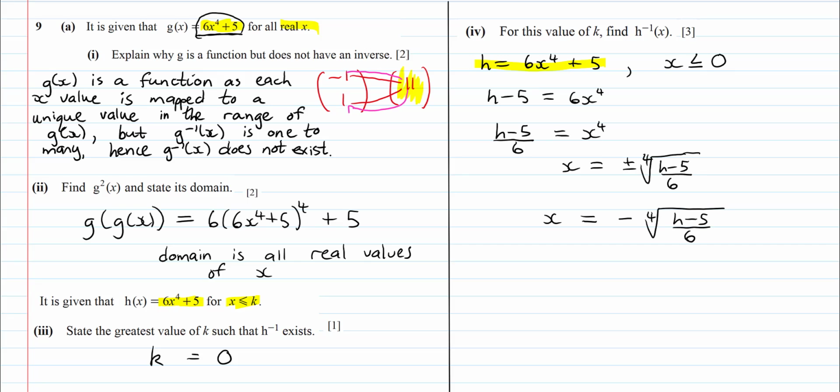Where we see h here, we're going to write x, and where we see x here, we'll write h inverse of x. So therefore, h inverse of x is going to be equal to the negative fourth root of x minus 5 over 6. Okay, so that's question 9a done.